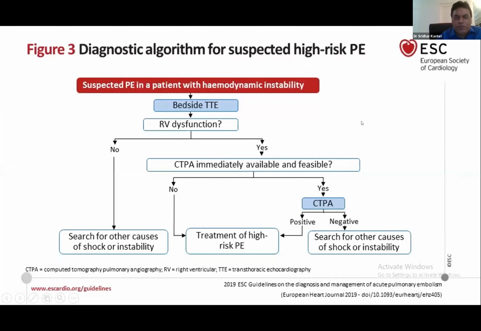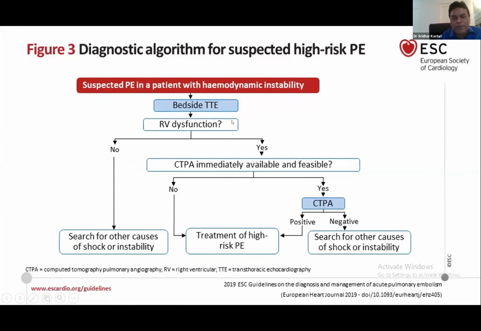So just now he has shown, so diagnosis of how to suspect the high risk PE. First and most important, is it hemodynamically unstable? If hemodynamically unstable, first do the echo: how is the RV function? If RV function is normal, rule out other causes. It may not be pulmonary embolism.